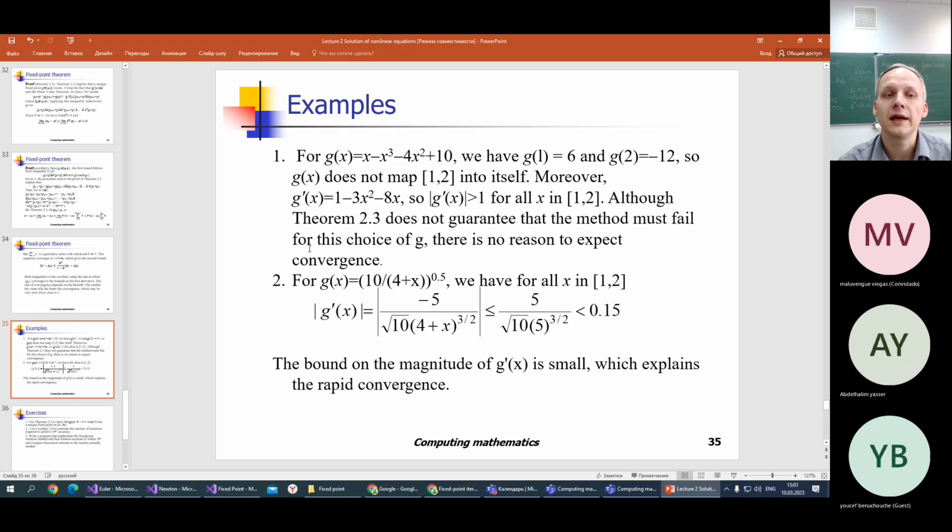So g of x doesn't map the interval [1, 2] into itself. Moreover, the derivative g prime of x equals 1 minus 3x squared minus 8x is greater than 1 in magnitude. So there is no reason to expect the convergence of the method for this function.